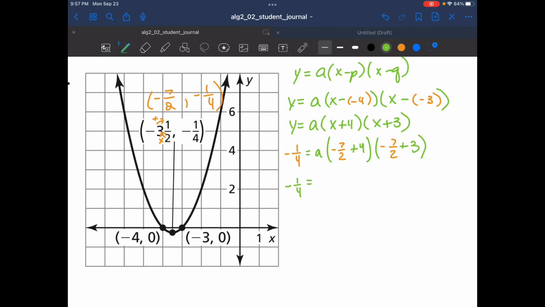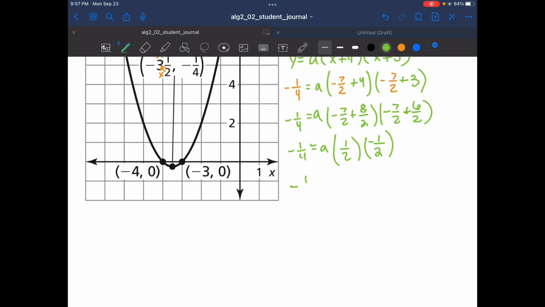Remember, fractions need the same denominator in order to add, so negative 7 over 2 plus 8 over 2, negative 7 over 2 plus 6 over 2. Negative 1/4 equals a, and then negative 7 plus 8 is 1 over 2, and then negative 7 plus 6 is going to be negative 1 over 2.